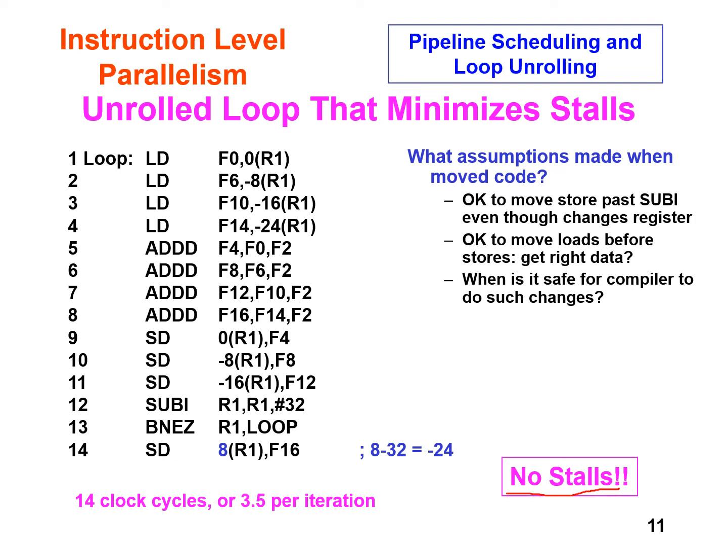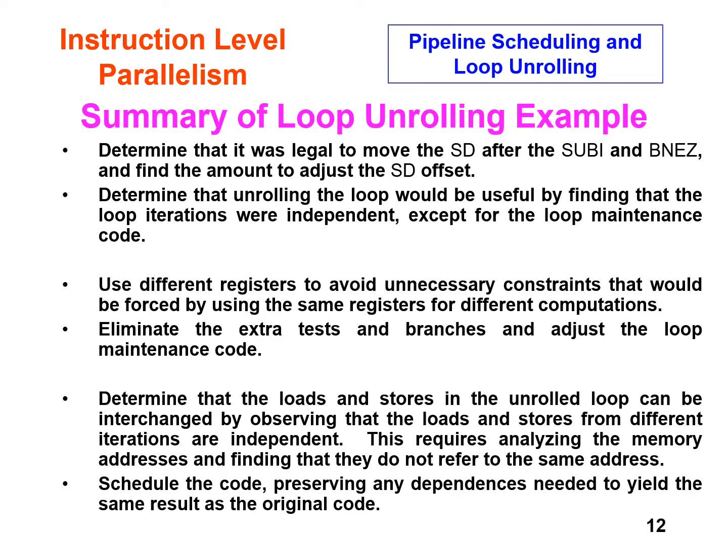In loop unrolling also we get some stalls, so we have made changes in the code so that we can avoid stalls. So this is the summary of loop unrolling.